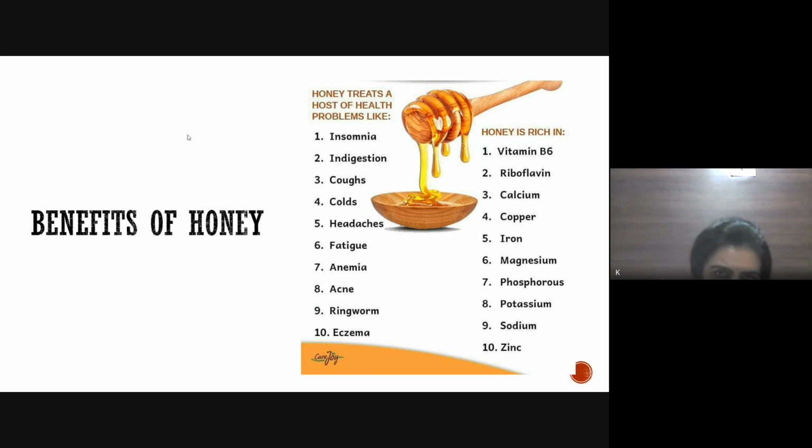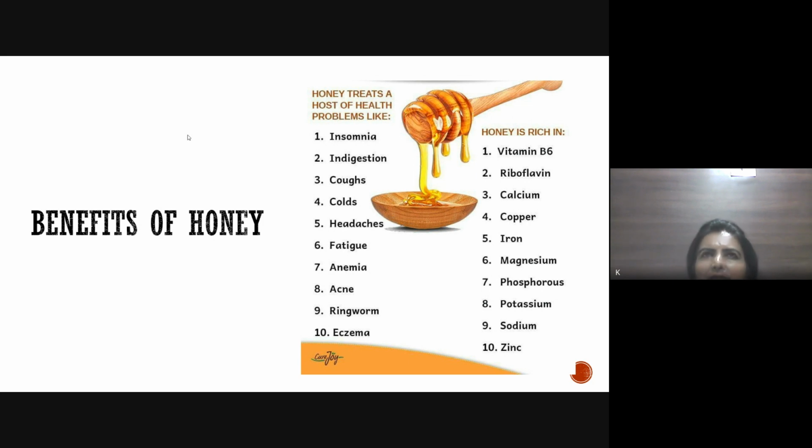There's relief from indigestion. If you have cough, you mix it with pepper or turmeric. It builds your immunity also. Another trending use is honey with lime for weight reduction. Also for headache and fatigue.